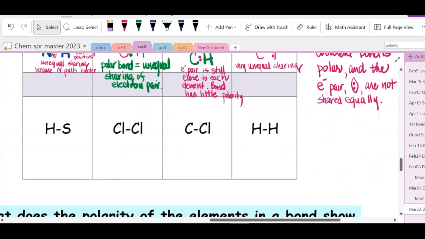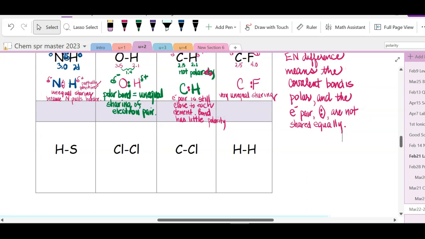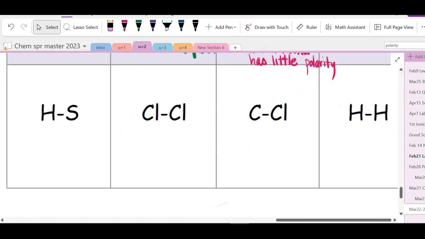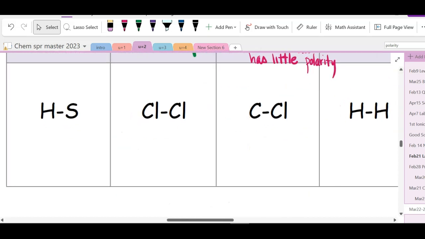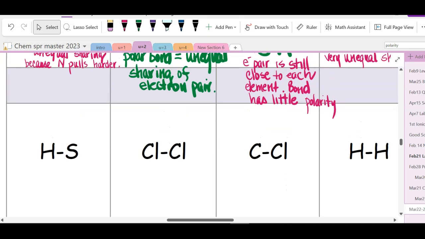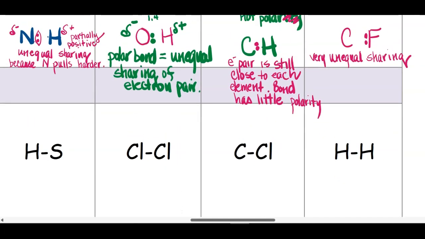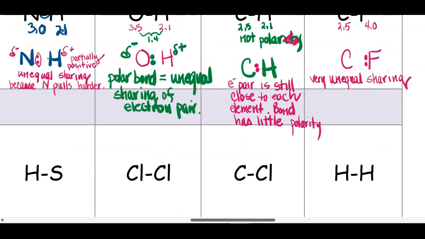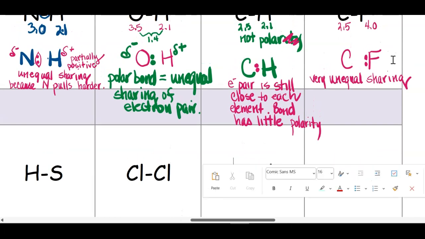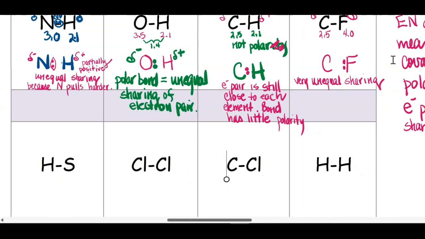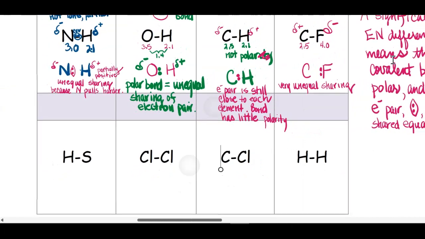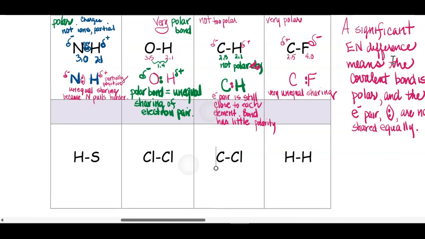So what I want you to do is to do the same thing with these. All right, so go ahead and do first hydrogen and sulfur. And we have these, let me make this big enough to have examples here. All right, I wanted you to be able to see the examples.